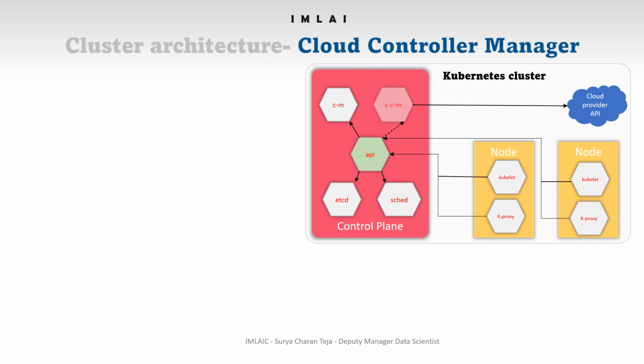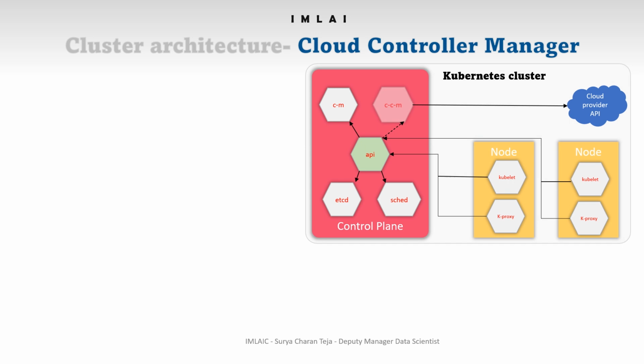The Cloud Controller Manager is a Kubernetes control plane component that embeds cloud-specific control logic. It lets you link your cluster into your cloud provider's API and separates out the components that interact with the cloud platform from components that only interact with your cluster.